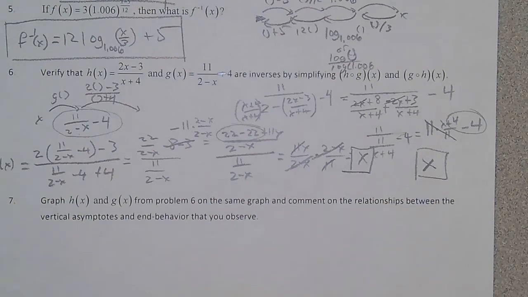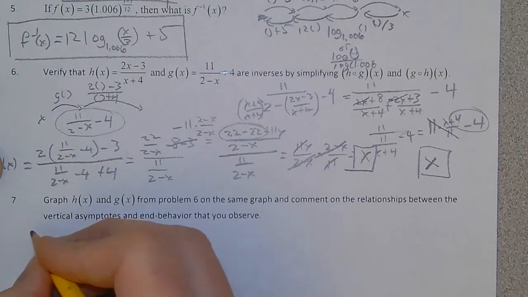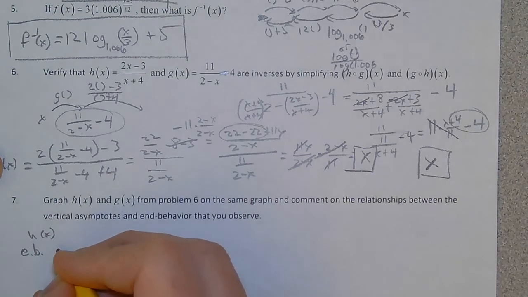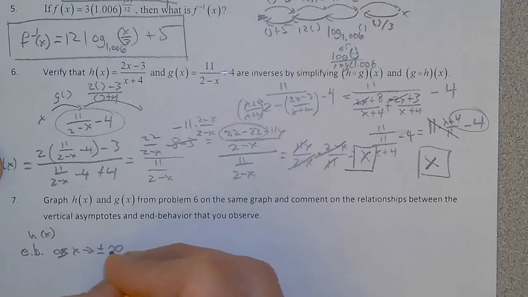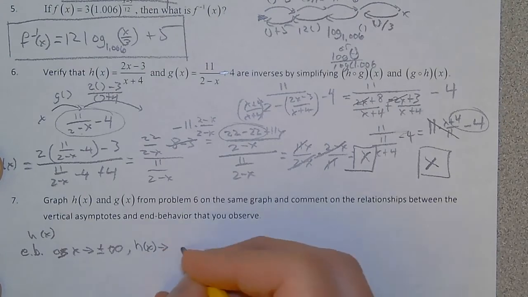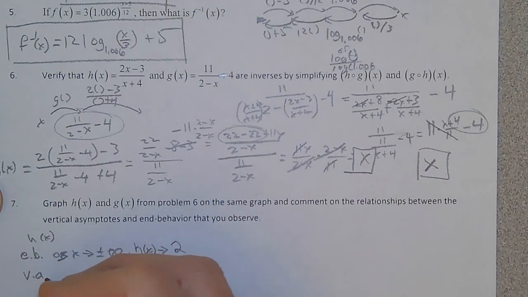Okay, well, the red one, I'll draw these in here. The end behavior for h of x is that as x approaches either positive or negative infinity, h of x is approaching 2. And it has a vertical asymptote at x equals negative 4.